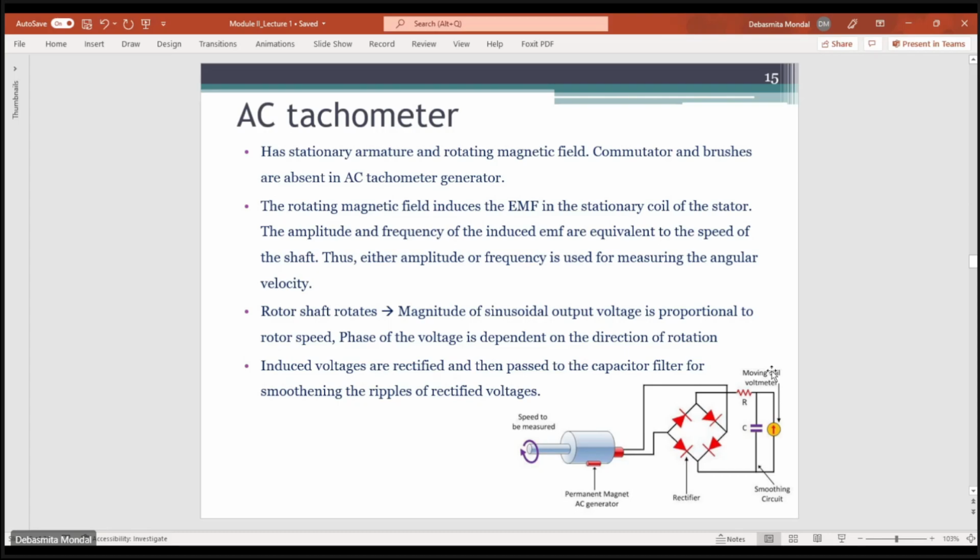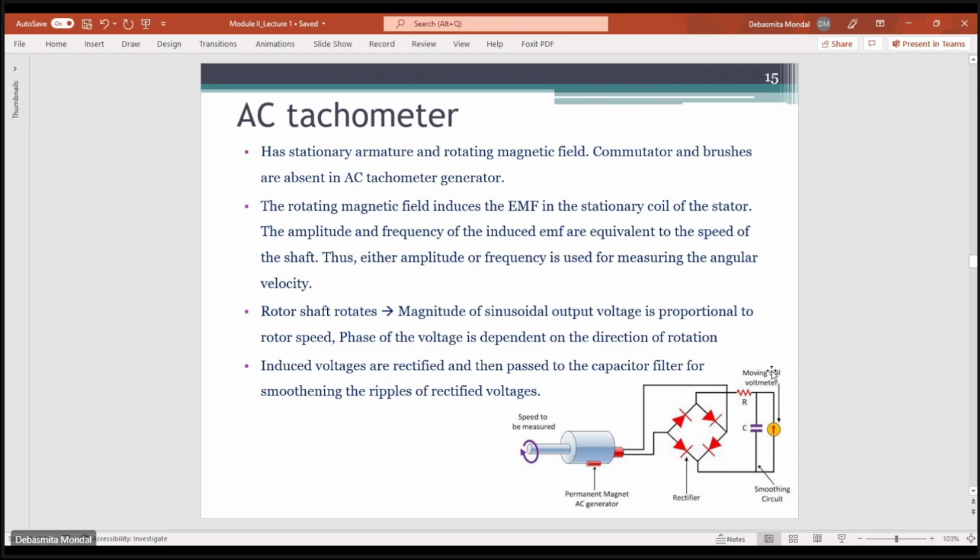The magnitude of the induced EMF gives a measure of the speed of rotation, and the phase of the induced EMF gives the direction of rotation. Okay, so you can use the magnitude and phase both together for measurement of the angular velocity.